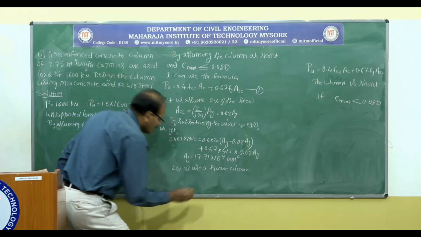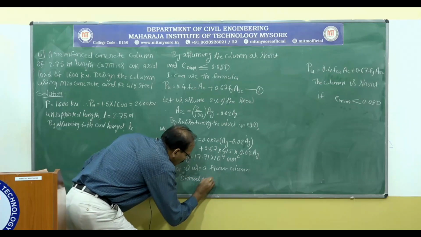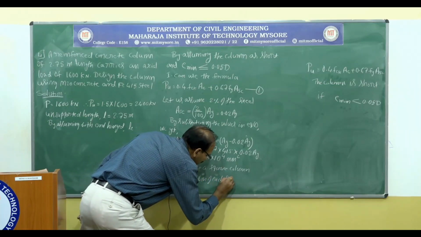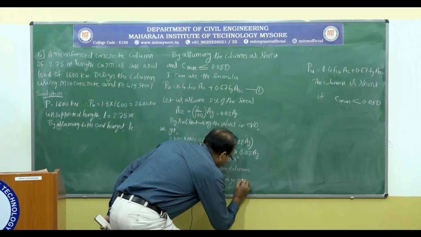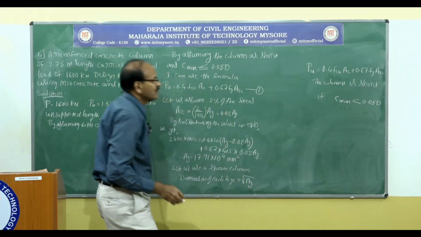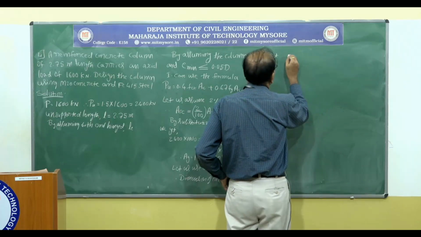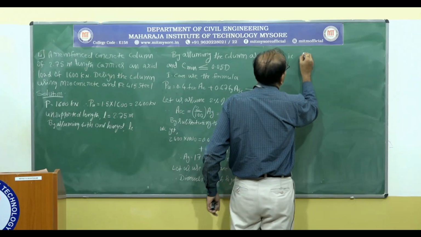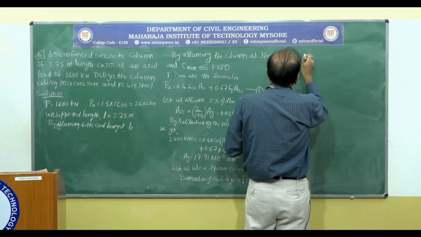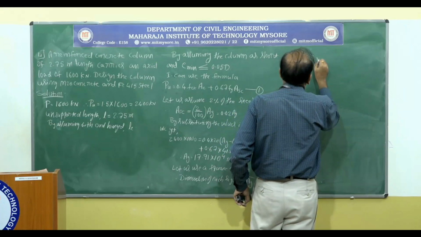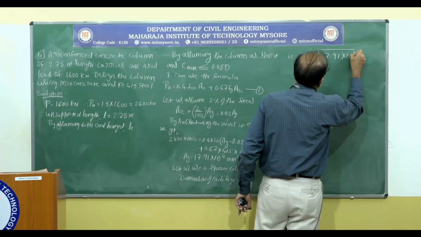Therefore, the dimension of each side equals square root of Ag. That is, D, one of the dimensions, equals square root of 17.91 into 10 to the power of 4.